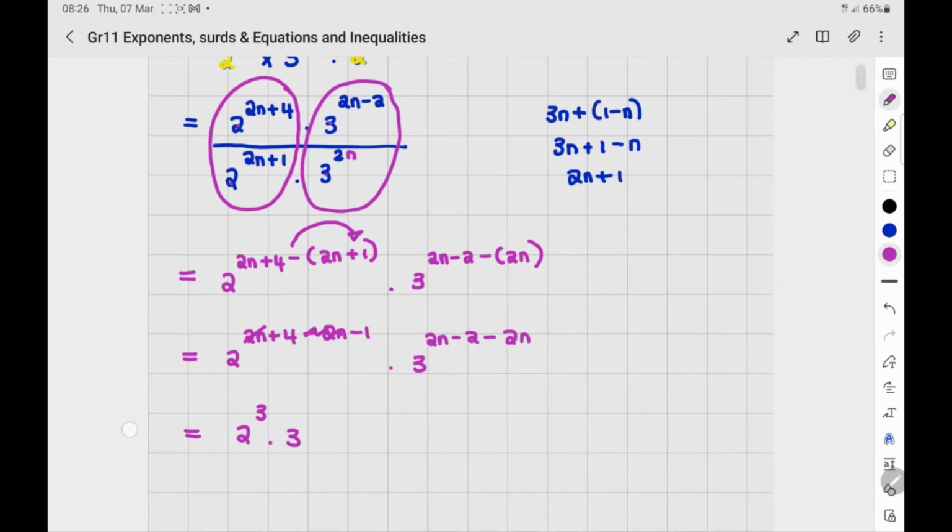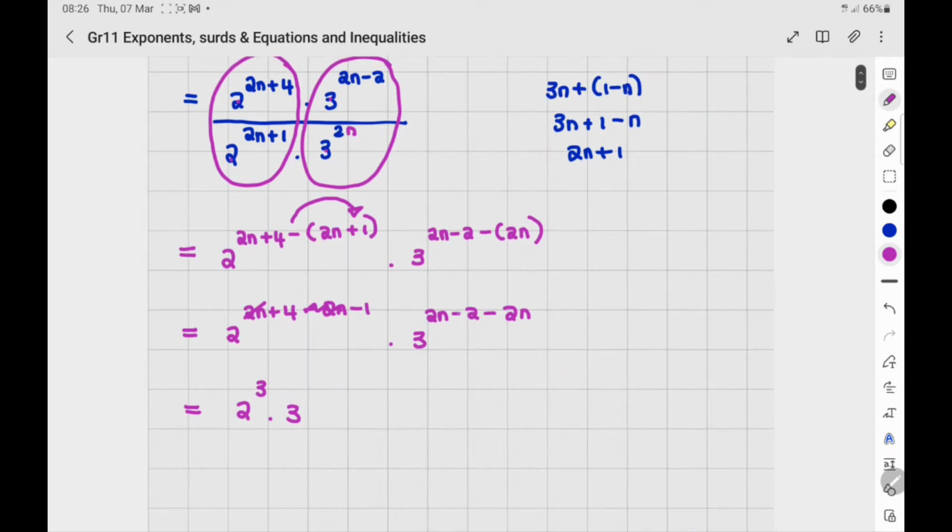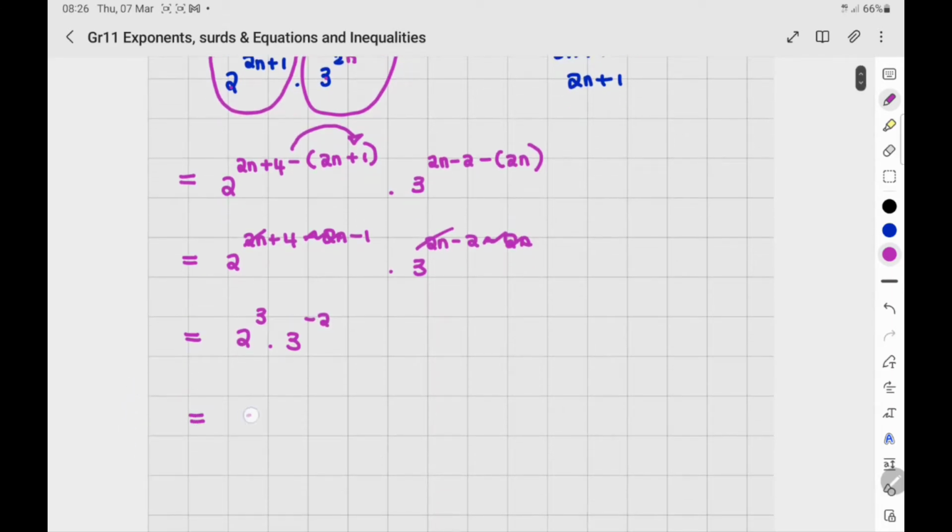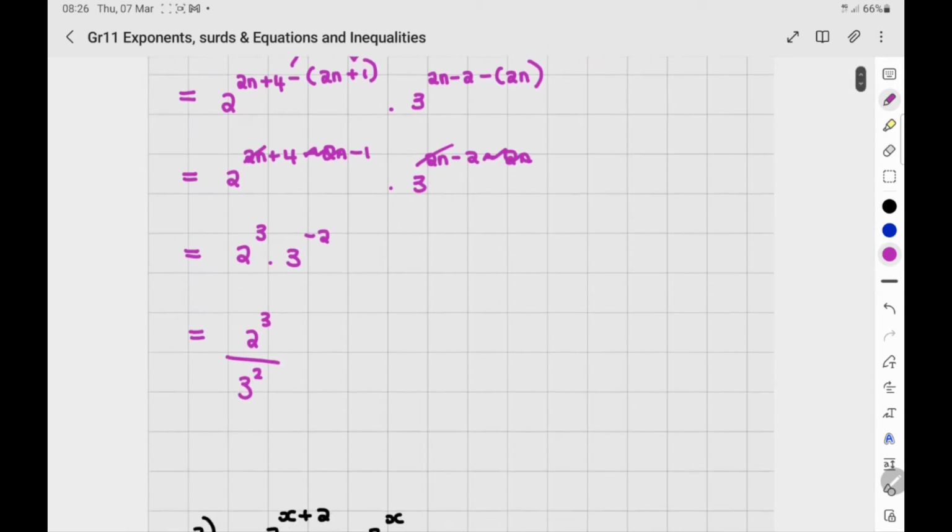There we go, sorry for that. So 2n minus 2n falls away, and then I've got 3 to the power negative 2 left. And now you go and say, all right, I make it a positive by taking it downstairs, and then you can simplify 8 over 9, and you've got your answer perfectly right.